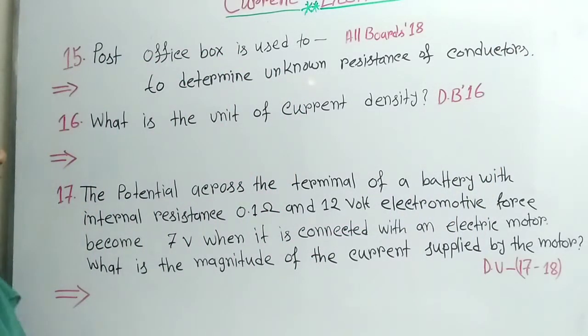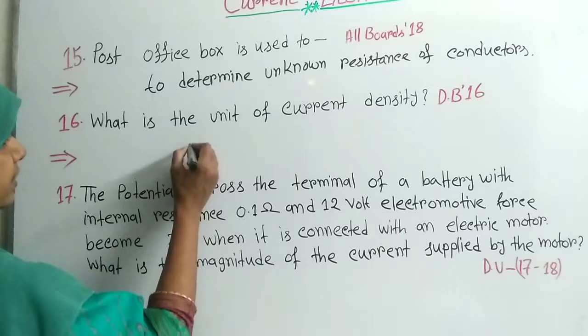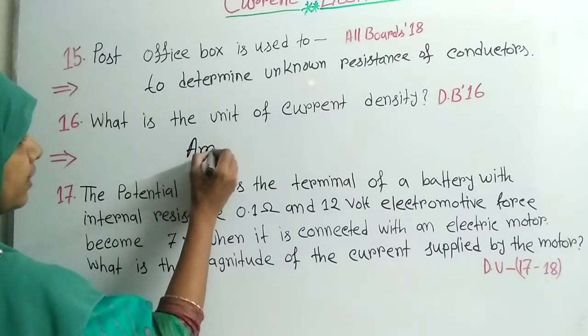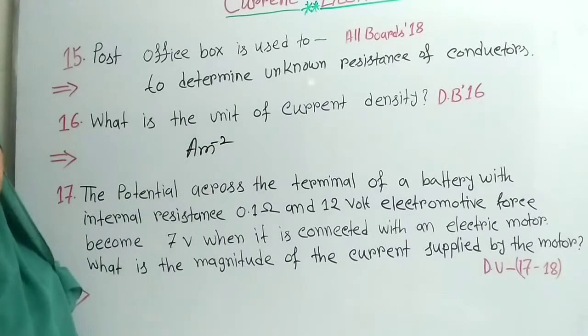Now our next question, what is the unit of current density? The unit of current density is ampere per meter square.